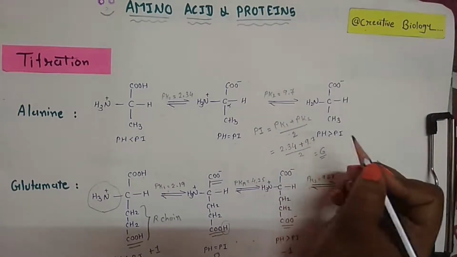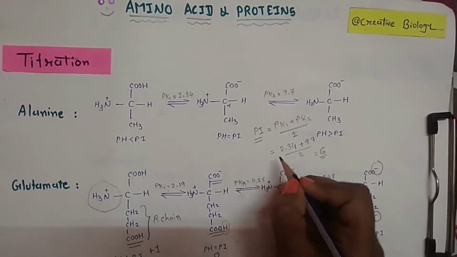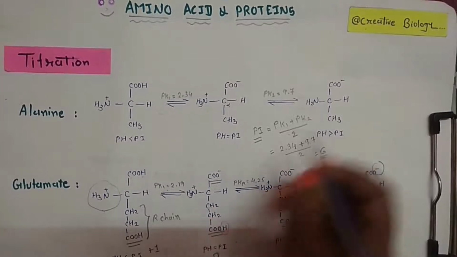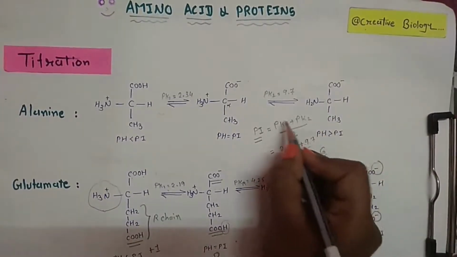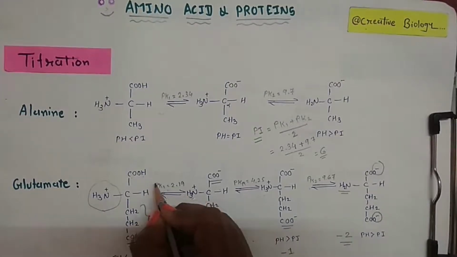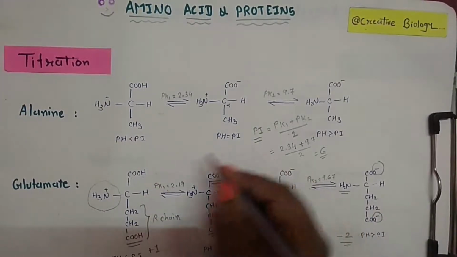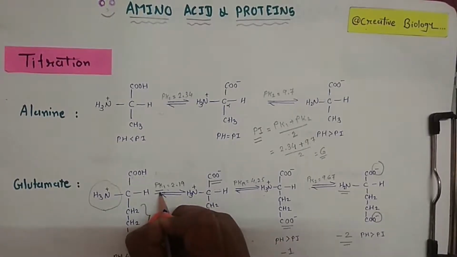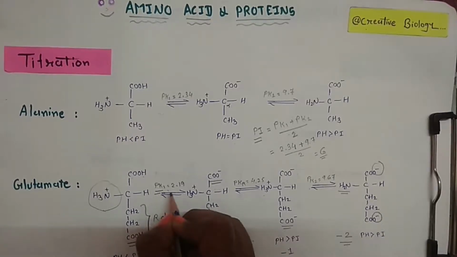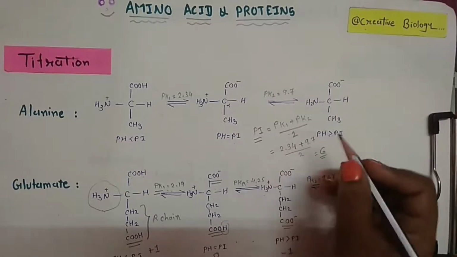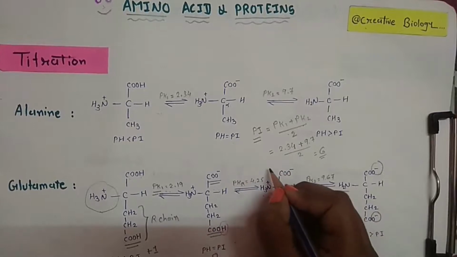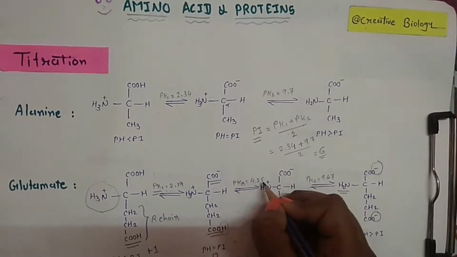When you calculate the pI value of an acidic amino acid, as in the case of glutamate, or glutamic acid, you have to consider pK1 as it is, which in this case is 2.19, and for the second value you take the side chain pK value, pKr.